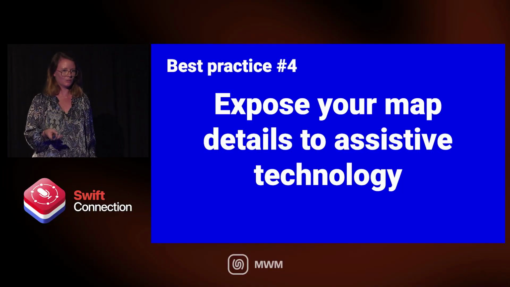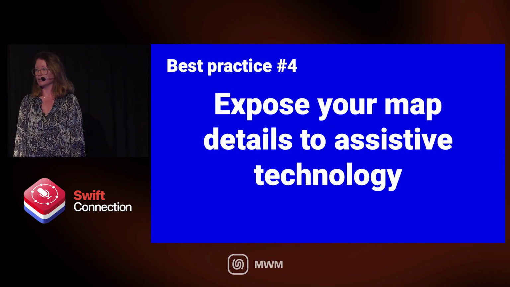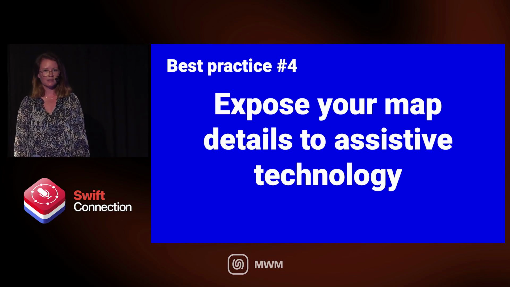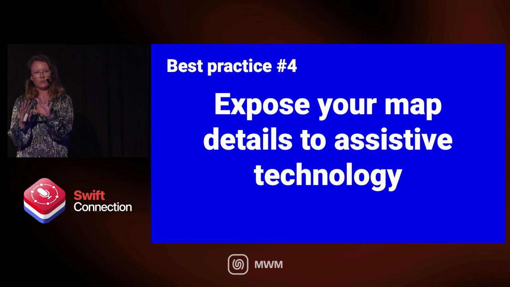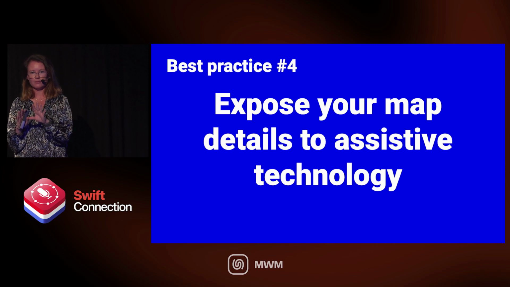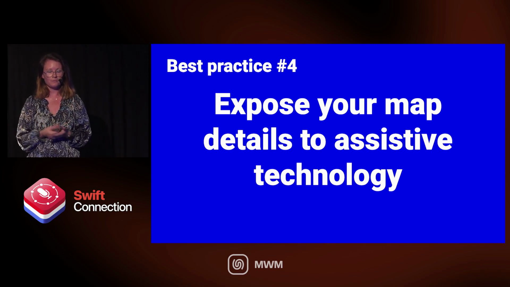So this goes back to some basic principles of accessibility, that you can't interact with what you can't reach, and you can't understand what isn't clearly labeled. So in this best practice, make sure the accessibility focus can actually get to the annotations on your map, and that each of your annotations has an accessibility label.